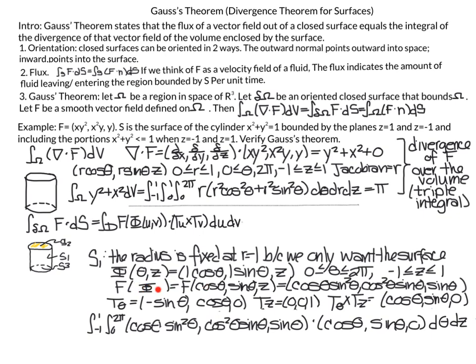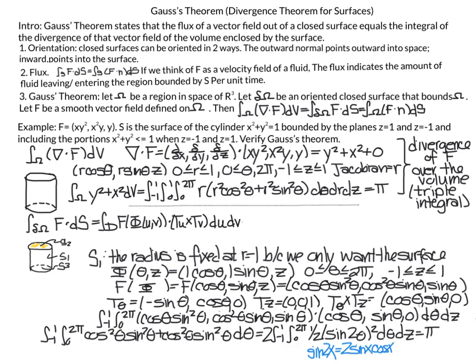F composed of phi here would be my cosine sine squared theta, my cosine squared sine theta, and my sine theta. And then I dot that with t theta cross tz, which I have here, cosine theta, sine theta, and 0. And then I can integrate, plug in, and I get my final answer as pi. And one note, I did use a half angle formula to do my integration.